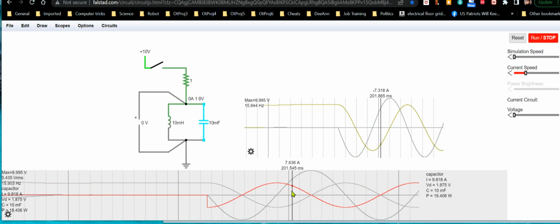But now that the inductor is up to full force, you had a really high current coming out of the capacitor towards the end, which is the opposite of what you normally see in a charging capacitor. Normally you see its current fall to zero, like we saw earlier.